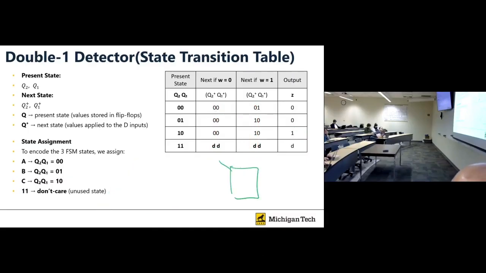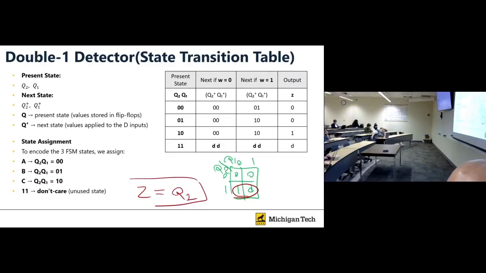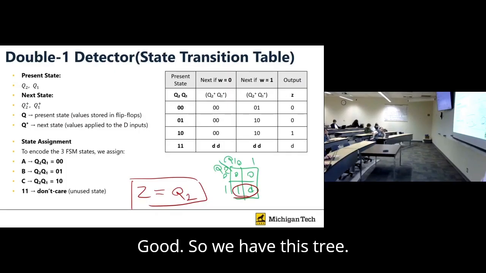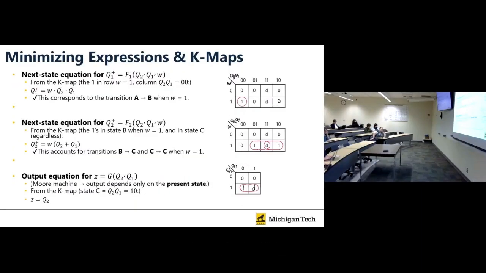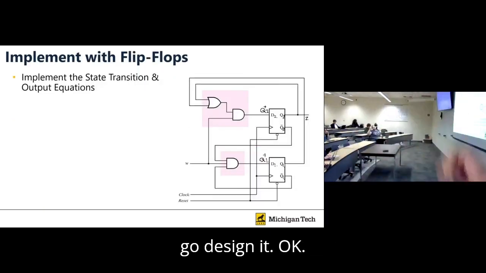For Z, we have Q1 and Q2, 0, 1, 0, 1, 0, 1, D. So these two, and the result is going to be Q2. Good. So we have these three. So this is another, cleaner version. Now let's go design it.